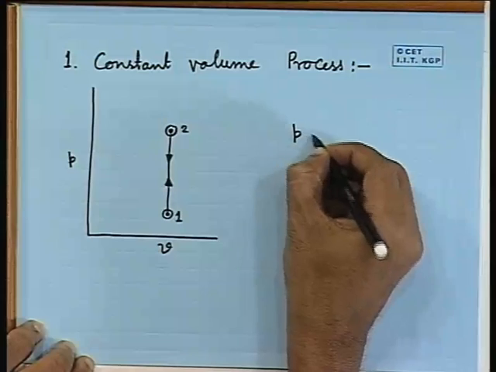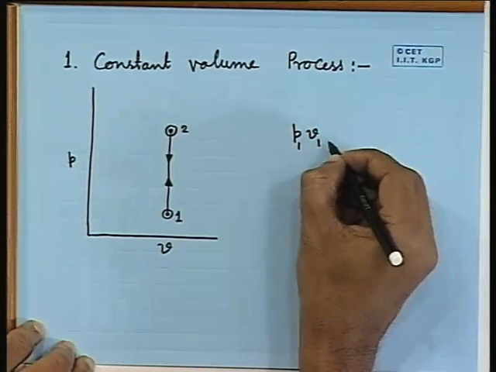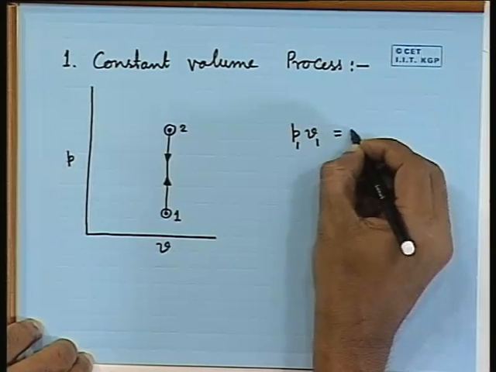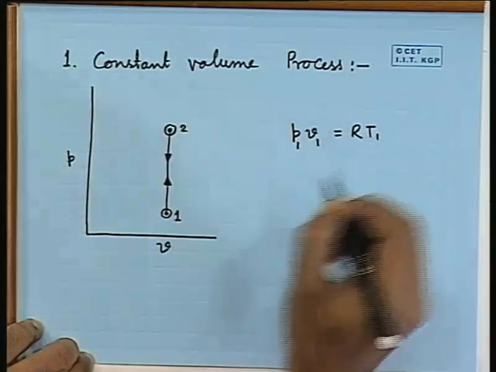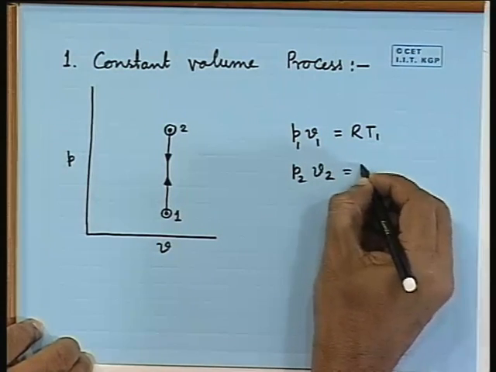Now, if it is a constant volume process, first let us try to apply the equation of state. So, one can write P1 V1 is equal to RT1 and again P2 V2 is equal to RT2.